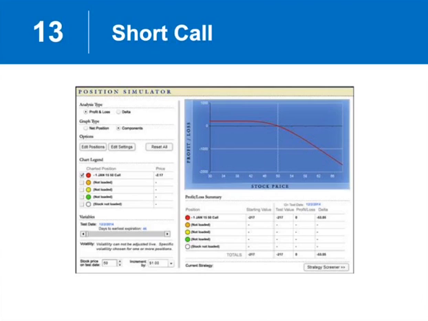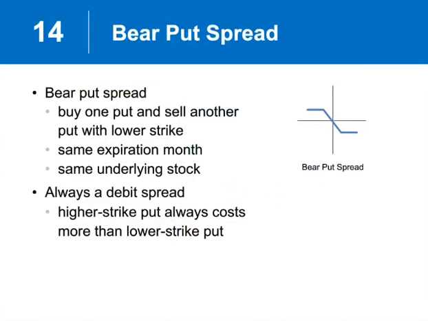Let's look at another choice for downside protection, the bear put spread. Now let's be clear for those of you who may just be starting out a little bit. What is a bear put spread? A bear put spread is where we buy one put at one strike and sell another put at a lower strike.